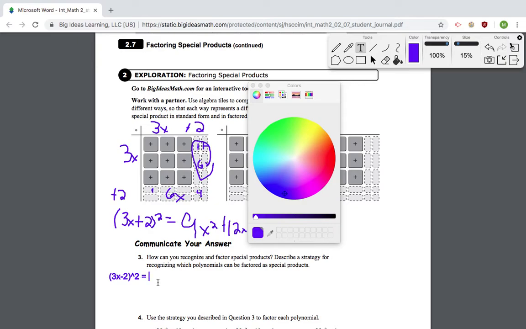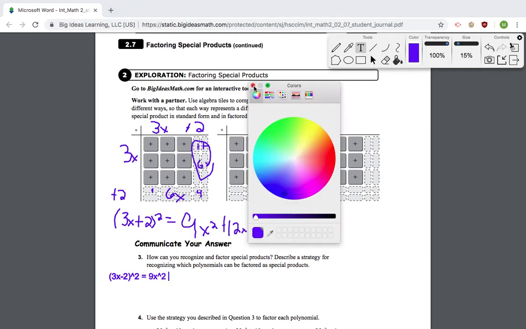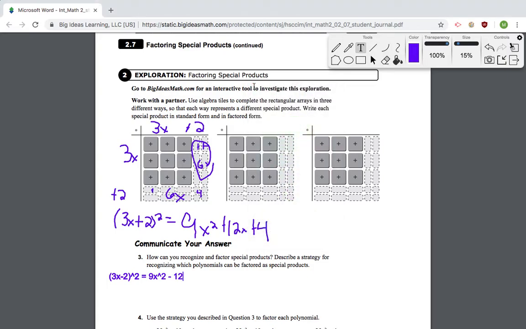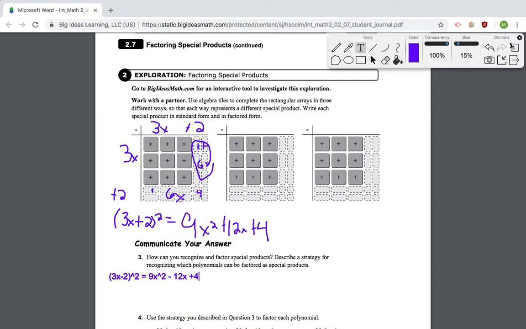So that ends up being, if you work it out on your own, 9x squared minus 12x plus 4.